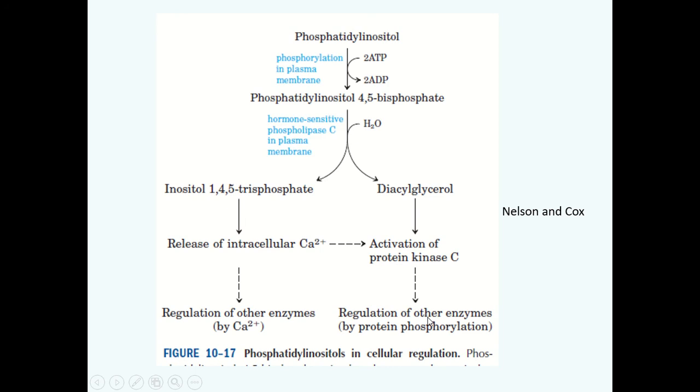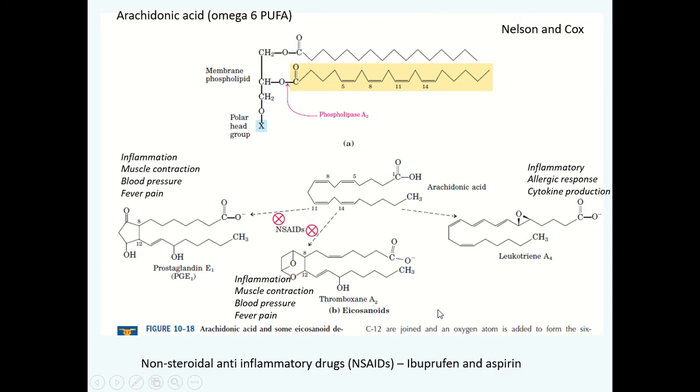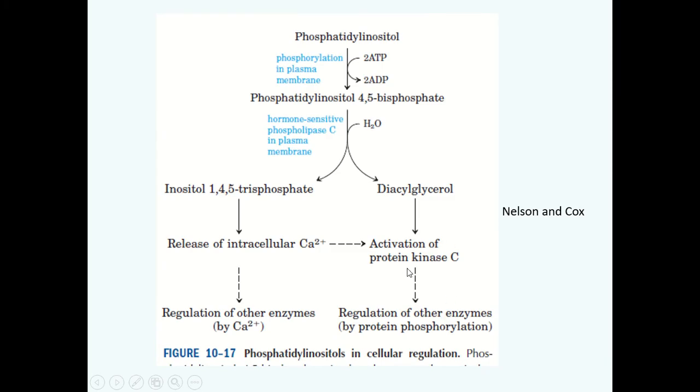So the activity of the enzymes and the function of proteins is many times regulated by their phosphorylation and dephosphorylation. When this kinase enzyme is activated, it phosphorylates its target proteins. Hence, in this way, it is a very important type of phospholipid with respect to cell signaling and communication.